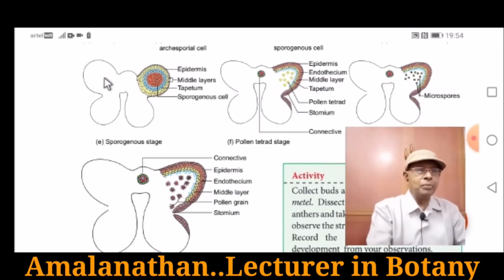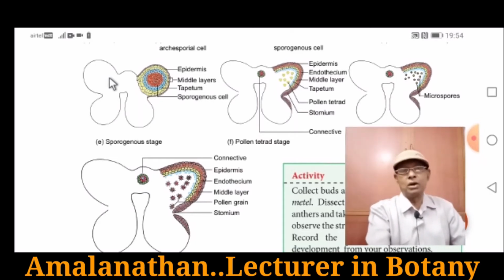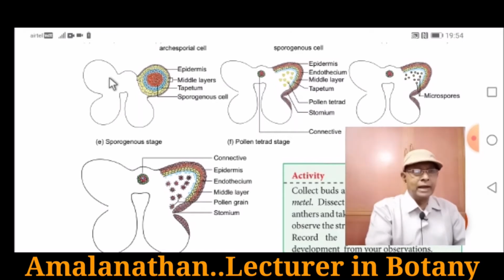The primary parietal cells undergo a series of periclinal and anticlinal divisions and form 2 to 5 layers of anther wall. The anther wall consists of first epidermis, second endothecium, third middle layer, and fourth tapetum. Tapetum is the innermost layer of the anther wall.